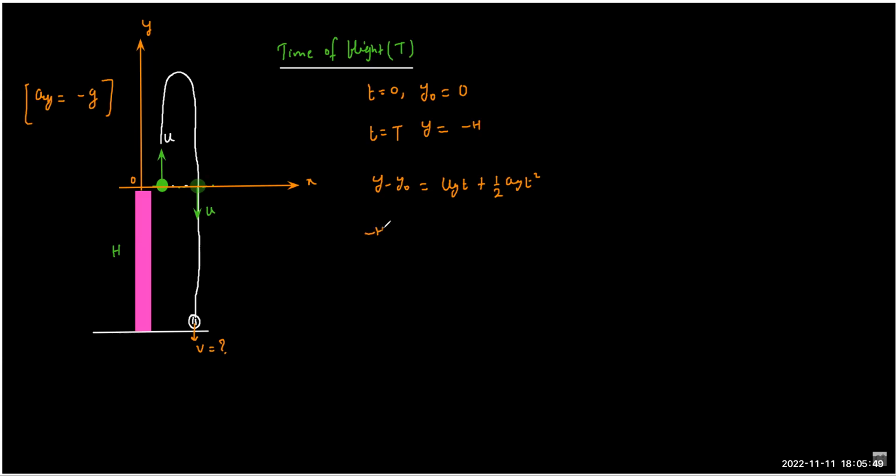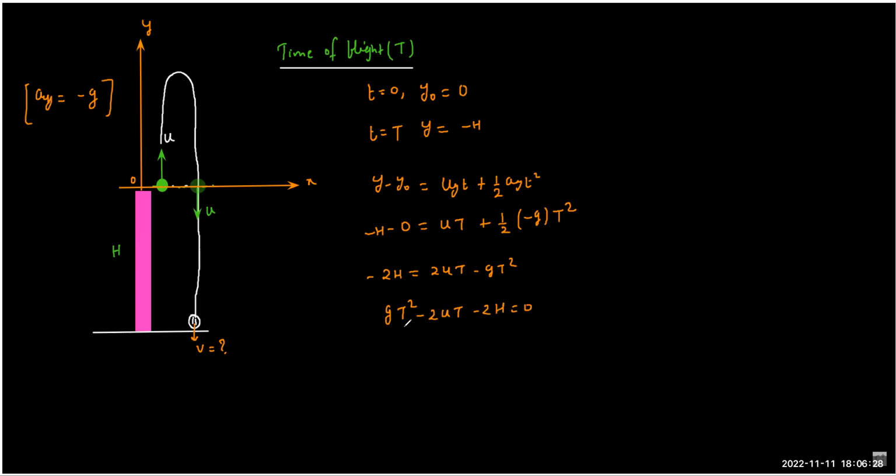Okay, so y is minus s, y naught is 0, uy is u, t is capital T, plus 1 by 2 ay t square, where ay is g. And this is the quadratic equation, right? Yes, sir. So if I multiply 2 on both sides, and I hope you know how to solve a quadratic.